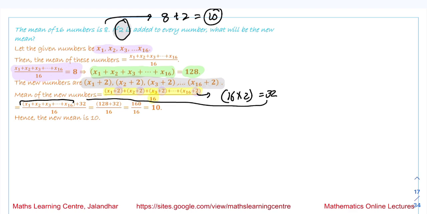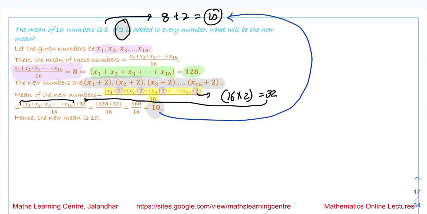So we are writing this value 32 over here. And when we solve this, the final answer we get is 10. And this is what we are saying over here, that the mean of 16 numbers is 8, and if every number is increased by 2, then the new mean will be 8 plus 2, that is equal to 10.